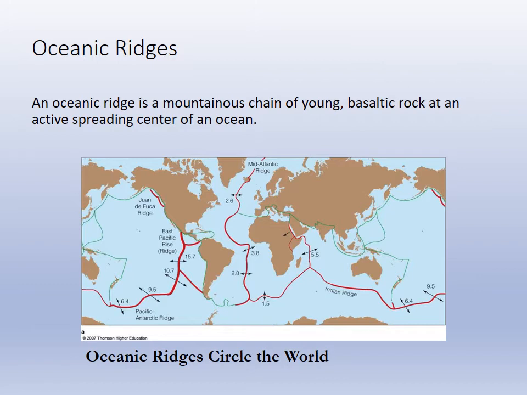The numbers are given speed that it's spreading. So you have 1.5 centimeters spreading or 15.7, very fast 15.7, very slow 1.5. But if you add these changes up for millions of years, they all become quite vast.